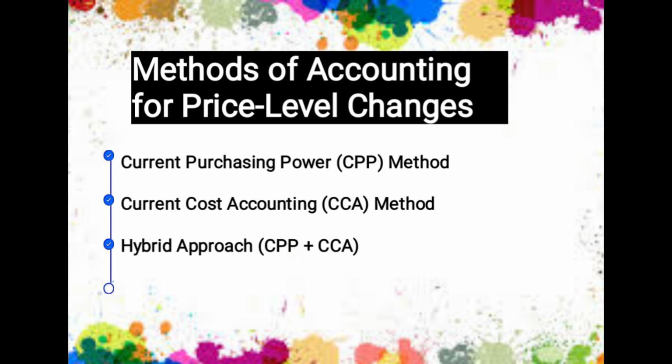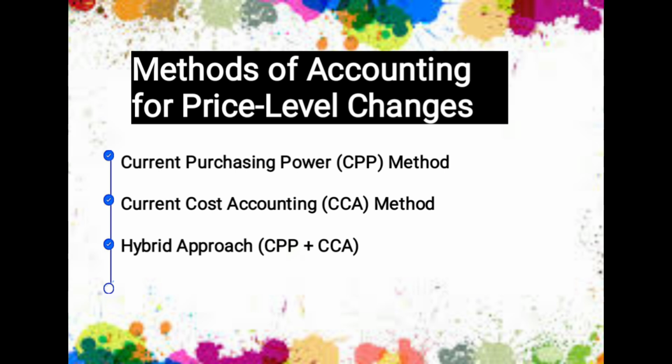For example, if inflation is 10% and an asset was bought for $100, the adjusted value is $110.